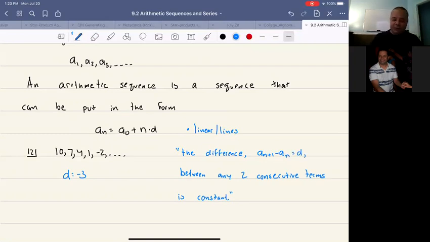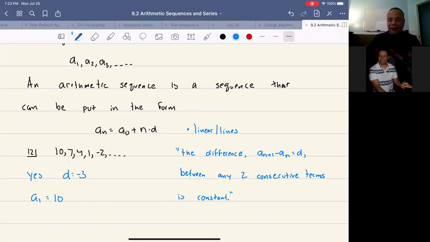Also, it's asking us for a sub 1 for whatever reason. A sub 1 here equals 10. I know why. They're going to show you how to get there, and how to write it.